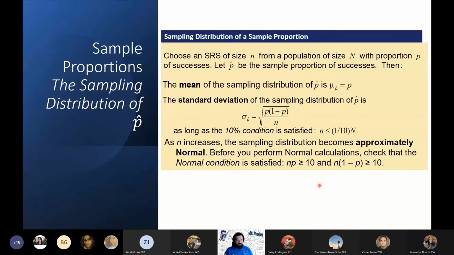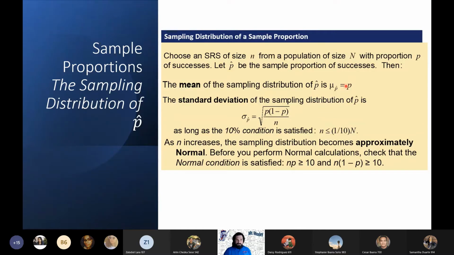Here are those actual formulas in a nice written out manner. If we choose an SRS of size n from a population of size capital N with proportion p of success, then we let p-hat be the sample proportion of successes. Then the mean of the sampling distribution of p-hat is p.